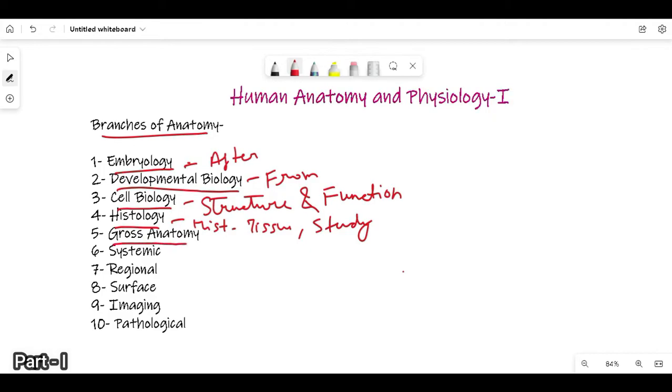The fifth one is gross anatomy. Gross anatomy is the study of the structure which can be examined without a microscope. The sixth one is systemic. It is the study of a specific system of the body, like the nervous system or respiratory system.